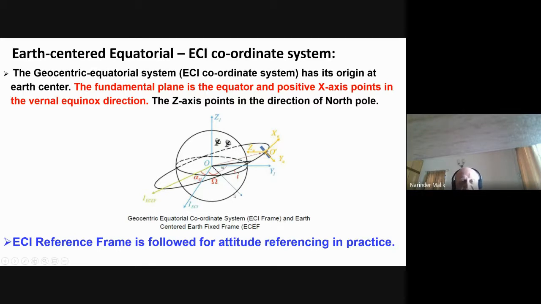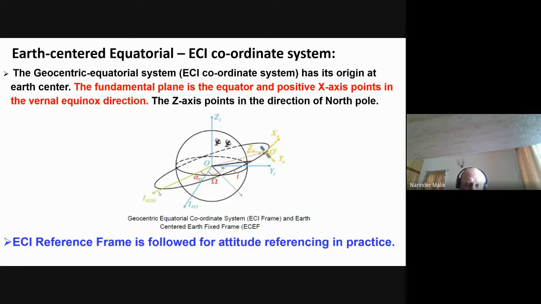And there's another one called Earth-centered Earth-fixed. One is Earth-centered inertial, the other is Earth-centered Earth-fixed. What is Earth-centered Earth-fixed? Here, the x-axis passes through the Greenwich meridian.